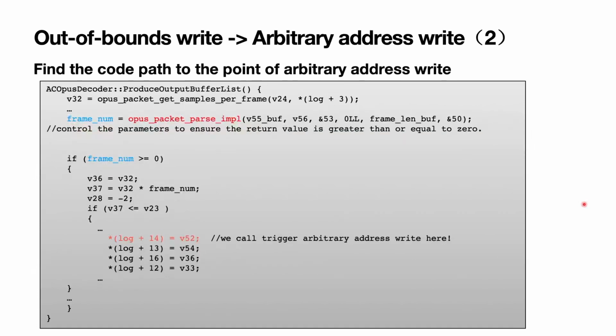In the first step, we can do it by controlling the value of some variables. We need to ensure the return value of all pass packet pass input is greater than or equal to 0 to reach the point where arbitrary address write happens. This step is relatively simple. We only need to control the value of a few variables.